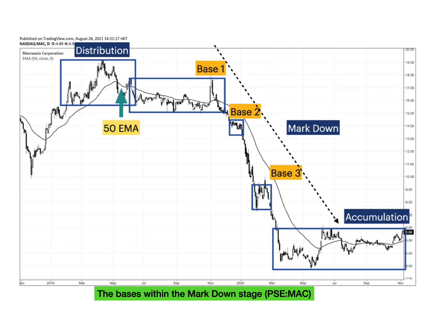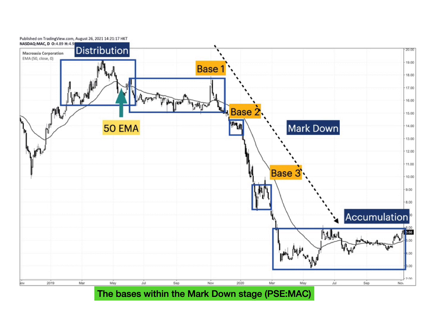This is also the chart of Macro Asia Corporation, and this is what happened after price peaked out at base 6. Within the markdown stage, we can also assess whether the move is overextended by counting bases. As you can see, prices don't go down in a straight line in the same way that prices don't go up in a straight line.